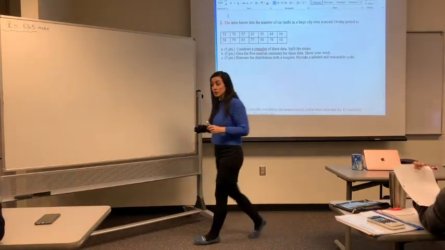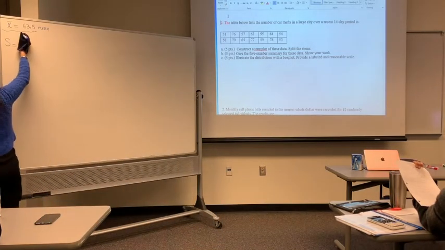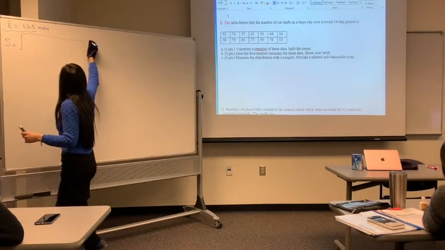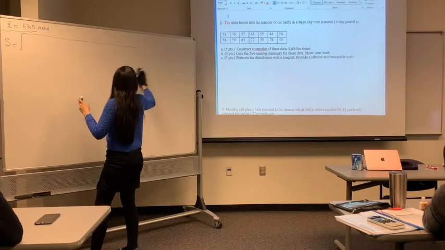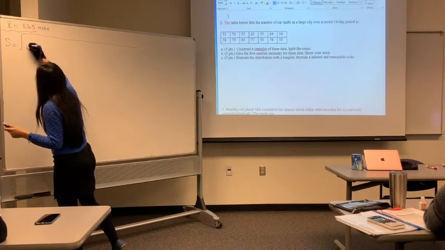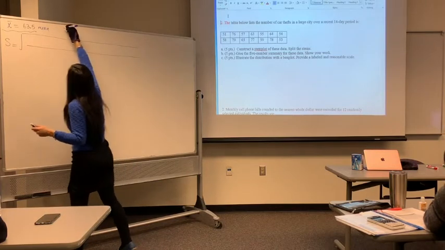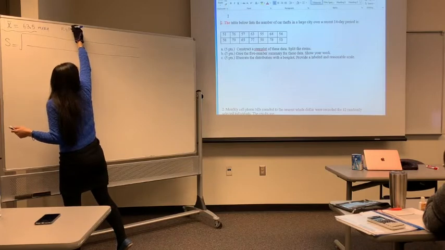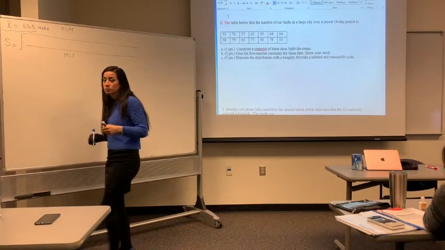So now I'm going to use the formula S equal to... On the denominator, how many observations did we have here? 14, right? Yes. So on the denominator we have 14 minus 1.